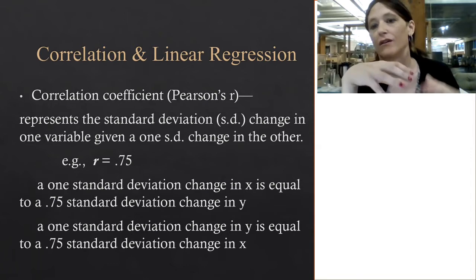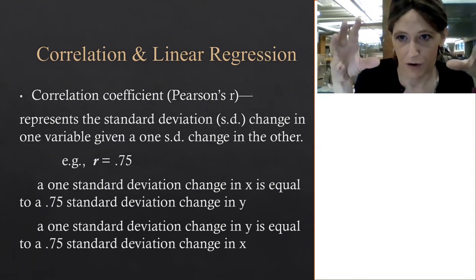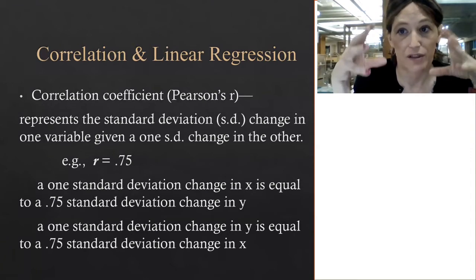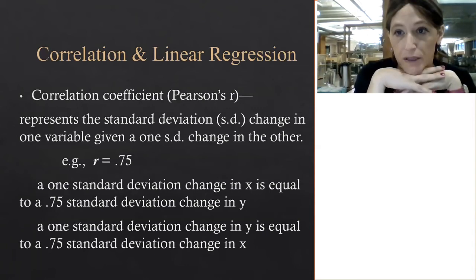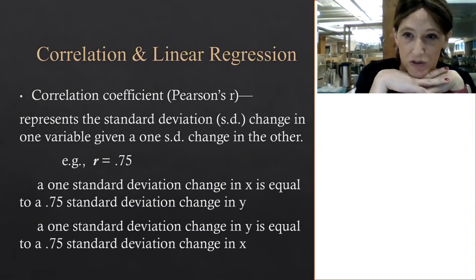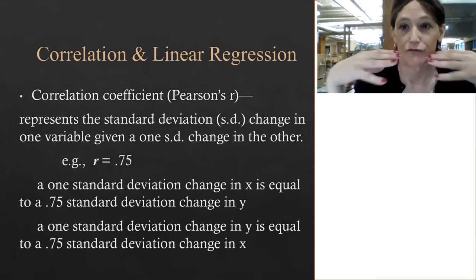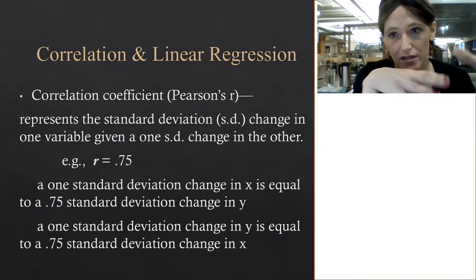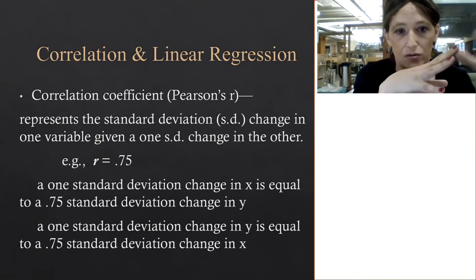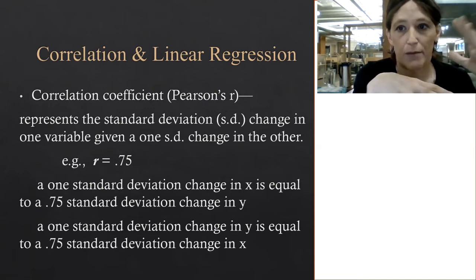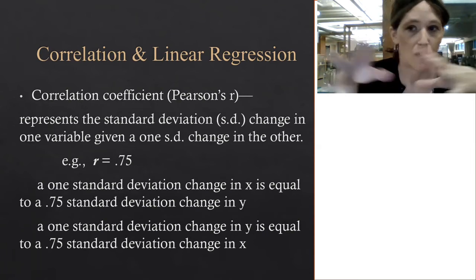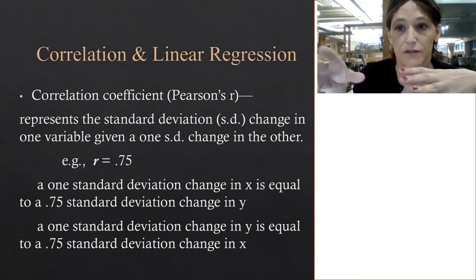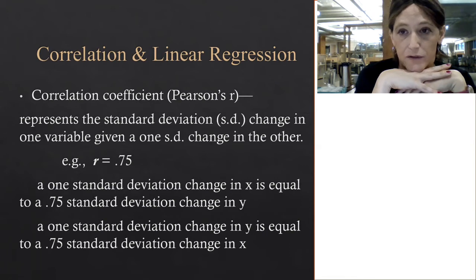Okay, so regression coefficients are different because they're in the original units. Pearson's R is in terms of a standard deviation change, or a standardized version of X and Y. And what's nice about Pearson's correlation is that we can use it to describe the magnitude of the relationship across different pairs of continuous and interval measures.